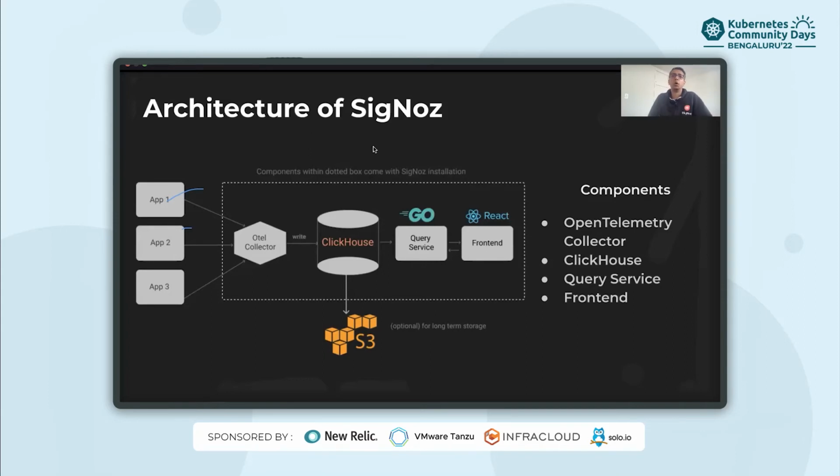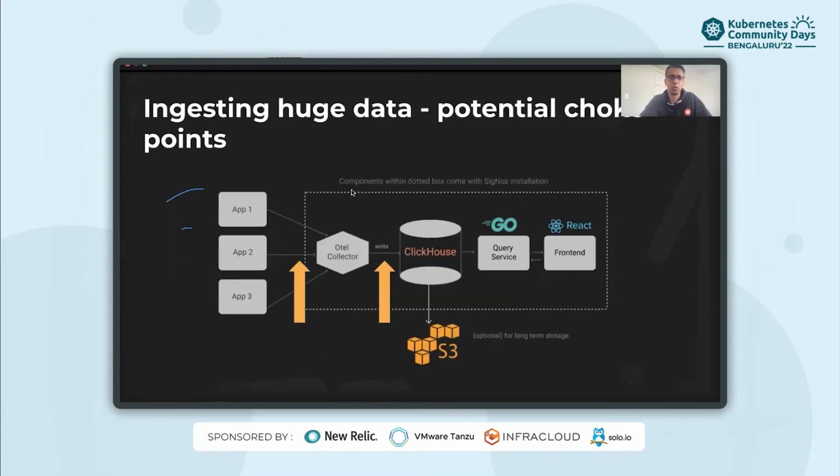That's when we started trying to really test the limits of what OpenTelemetry with SigNoz can handle. What we found was really surprising, and I'm really excited to share it with you. But first, let's take a quick pause and see where the issues could be.